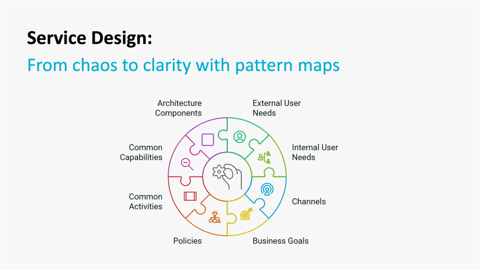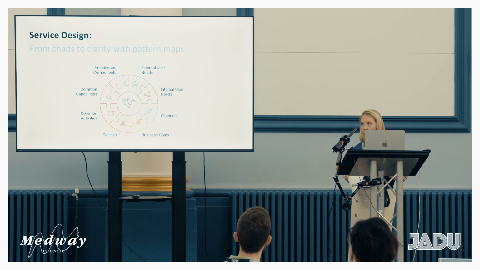Hands up. So a service pattern map is a blueprint that helps us understand and standardise the building blocks of that service. So it brings together the people, the processes, the products, the platforms, performance, touch points, journeys, the business goals and policies and any legislation that we have to adhere to, and most crucially, the common activities and capabilities.